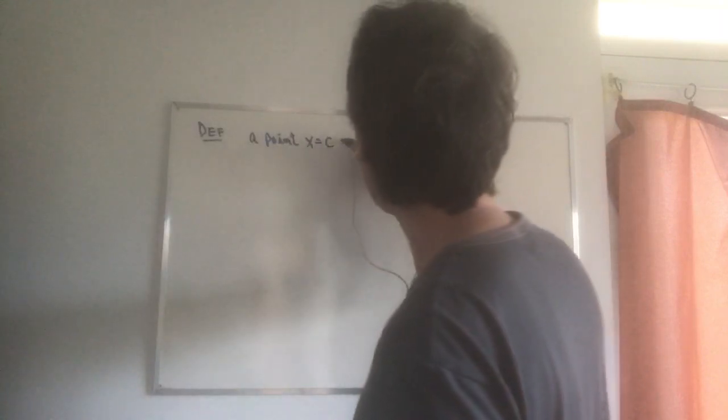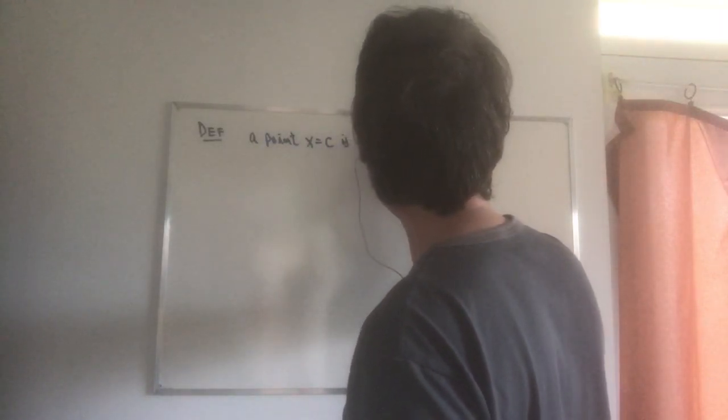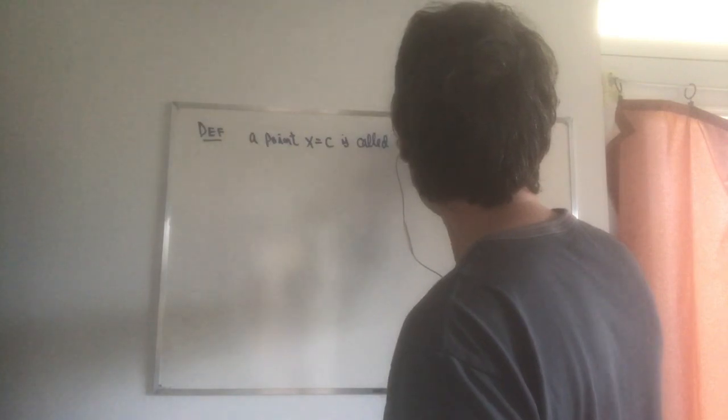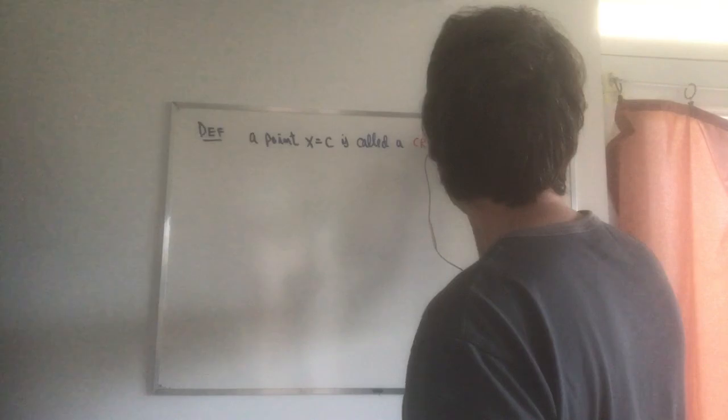Little definition to consolidate all the information that we've had so far. A point x equal to c is called a critical number.